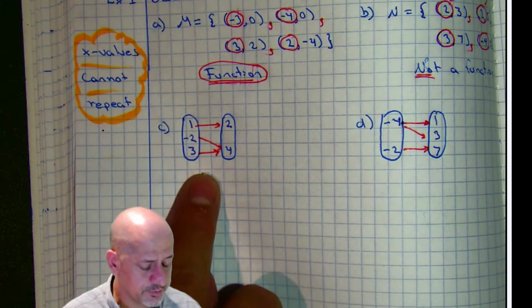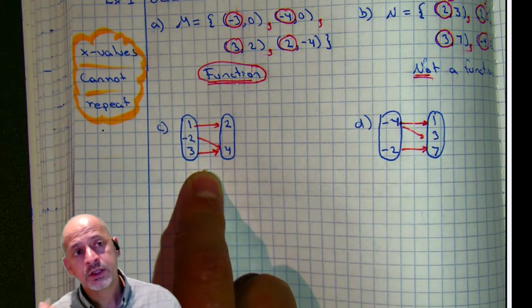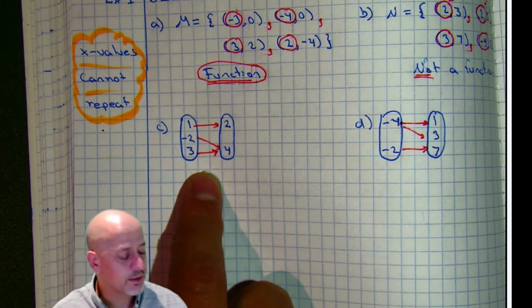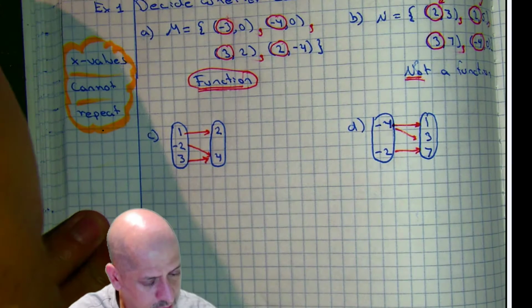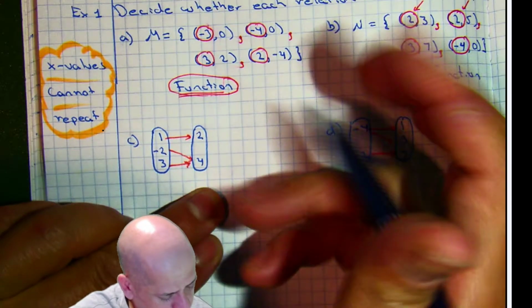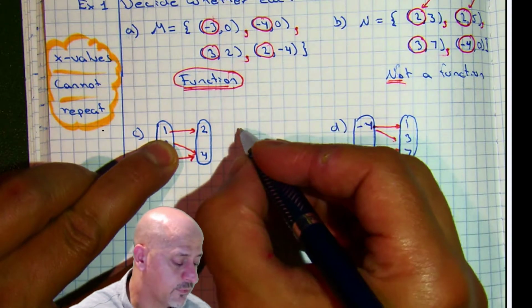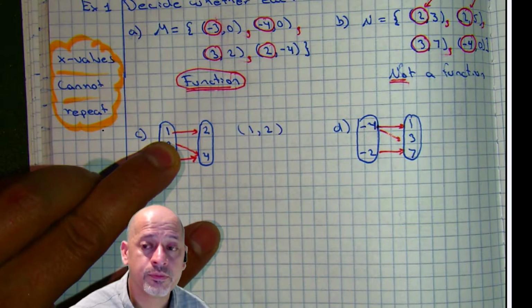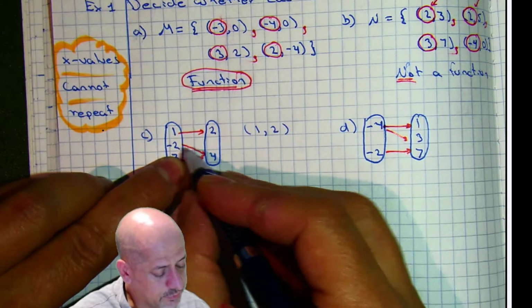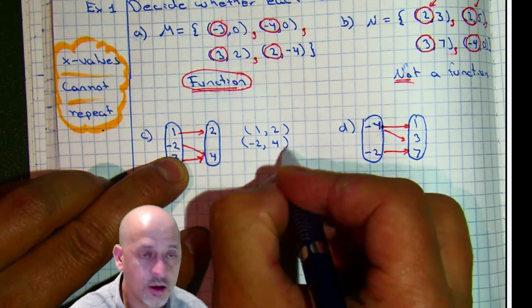So is this a function? Now sometimes it's hard to decide if it's in that format. So what I usually do is take the time to rewrite them as points because that makes it a bit easier for me. So the 1 is being paired up with the 2. Easy as that. Now the -2 is being paired up with the 4.